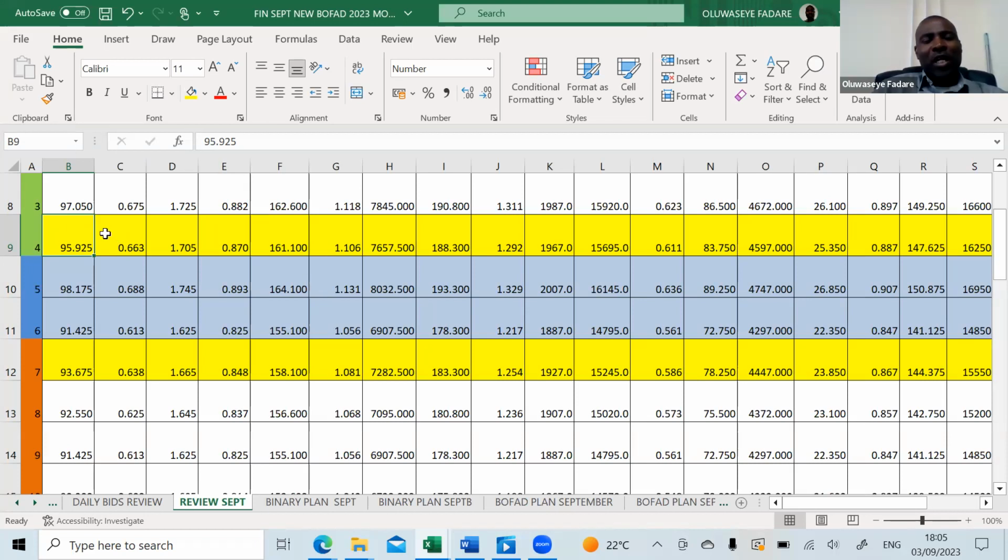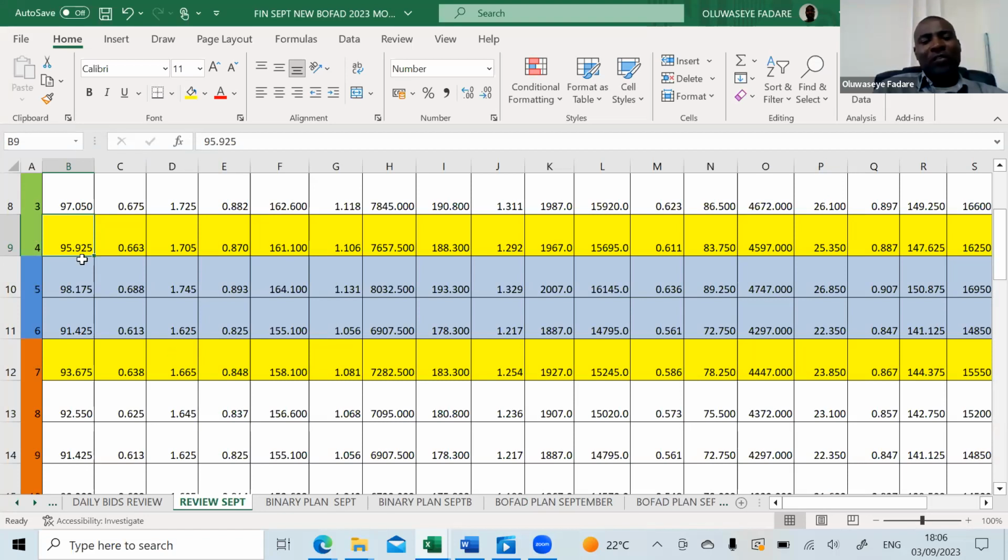However, once it hits any of these yellow positions, we expect the market to go further to that extreme. Like I said earlier, once it reaches the top position, this is a buy opportunity, so we expect the market to go upwards. Or if it comes downwards and reaches this point, we expect the market to sell downwards. That's what we expect normally.